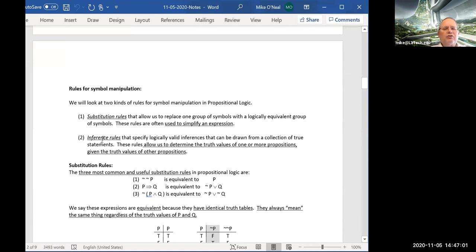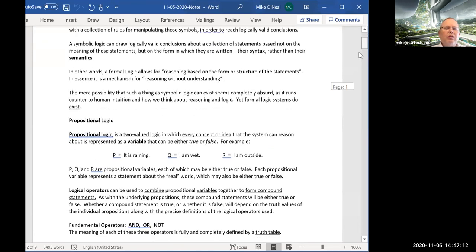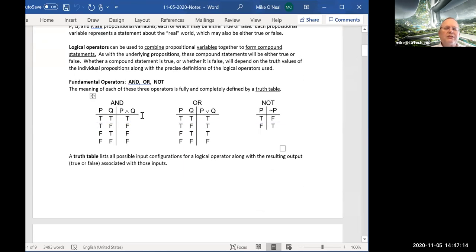But we've been talking about all possible worlds. When we start using inference rules, as you'll see here in a little while, we're generally interested only in the worlds in which the premises are true, right?